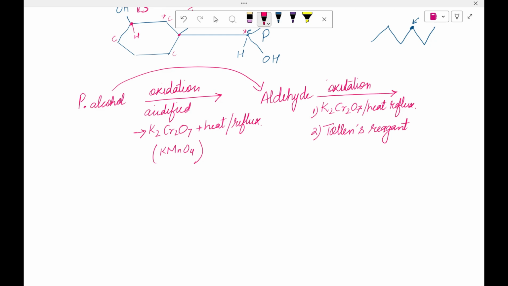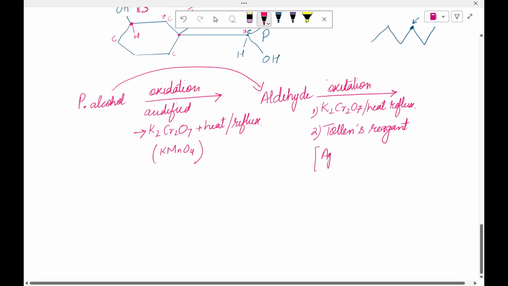In Tollens reagent, we are going to use silver amine. So in this reaction, silver would reduce itself and would oxidize the aldehyde. So silver would be reduced to Ag.